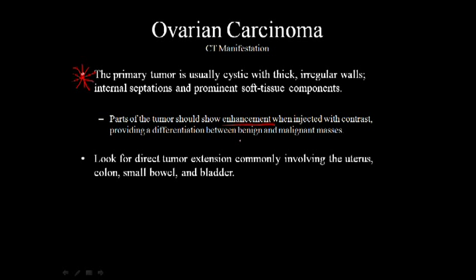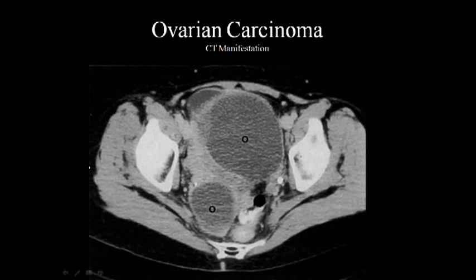Look for direct tumor extension, commonly involving the uterus, colon, small bowel, and bladder. So it may actually have progressed into other parts of the body as well.